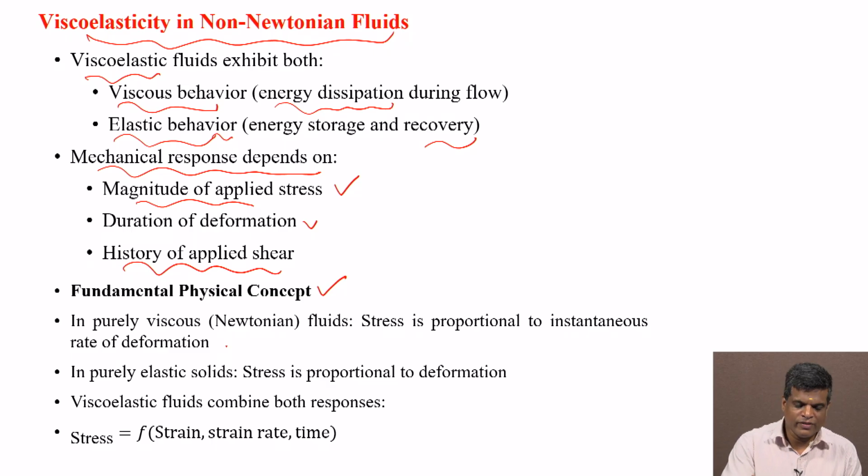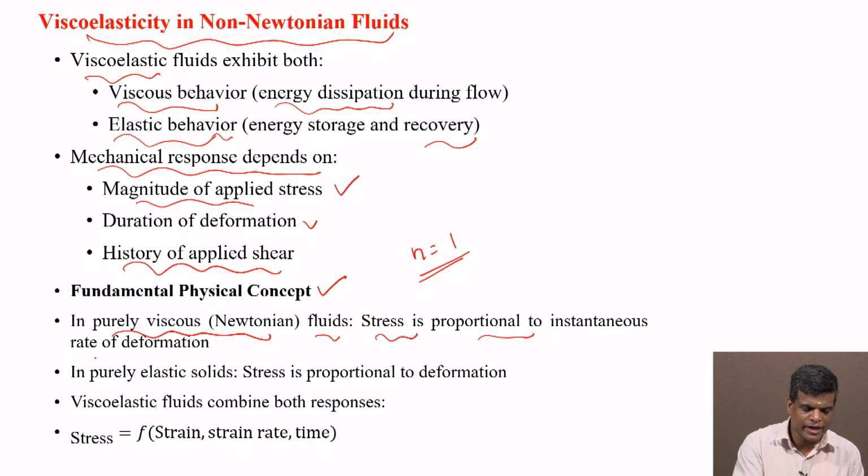Of course, in the last class we already discussed what is Newtonian. When n equals 1, we always call it a Newtonian flow. If it is purely viscous, it is a Newtonian fluid, where the stress is proportional to the rate of deformation. In the same way, if it is elastic, then the stress is proportional to deformation.